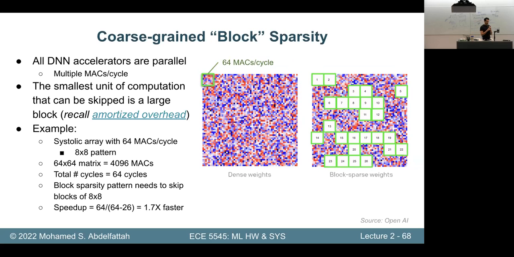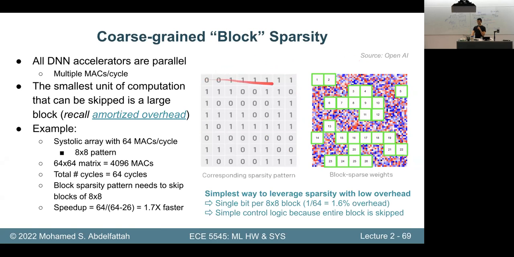And the reason that block sparsity works so well is that I don't need much overhead to realize where the zeros are. I can basically encode those zeros in my matrix using just a single bit. This block is a zero, or this block is not a zero and I need to do the computation. So my overhead here is a single bit for every 8x8 block that I do the computation for, which means it's like a 1.6% overhead.